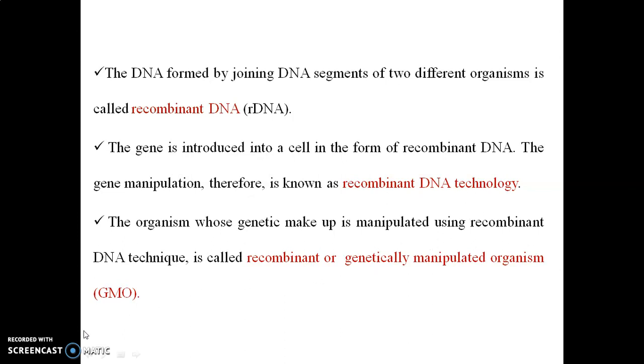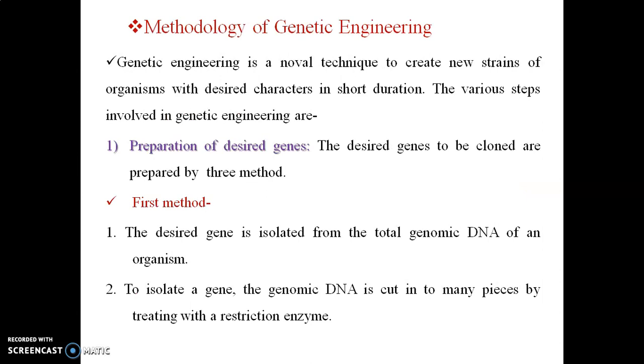The organism whose genetic makeup is manipulated using recombinant DNA techniques is called a recombinant or genetically manipulated organism. Now I am going to discuss the methodology of genetic engineering. Genetic engineering is a novel technique to create new strains of organisms with desired characters in a short duration.